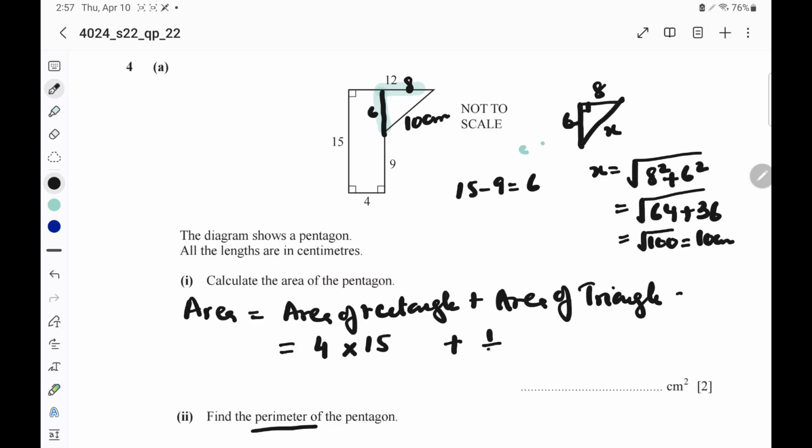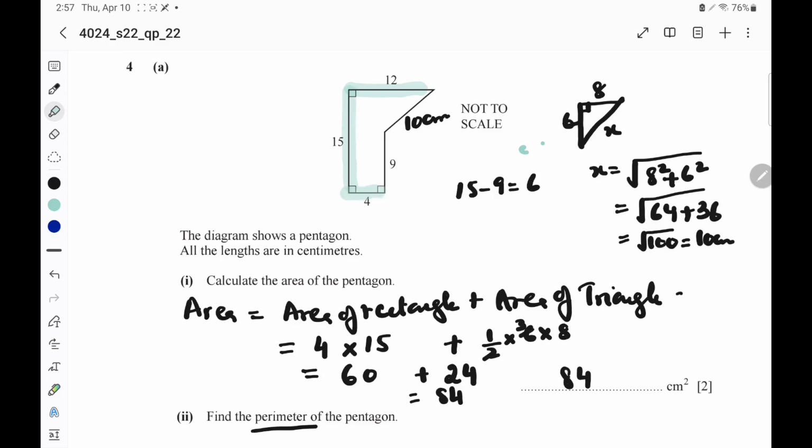Okay, so half 6 into 8, then 4 into 15 is 60, plus 3 times 8 is 24, and 60 plus 24 is 84 square centimeters. Okay, now coming to the perimeter of the pentagon, in which we have already found the boundary line of one of the shapes. So these are the boundary lines here: 12, 15, 4, 9 and 10. Add it out.